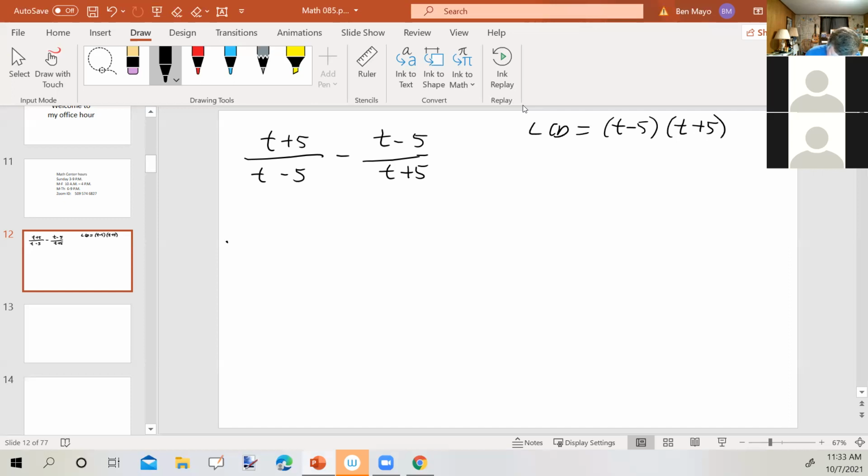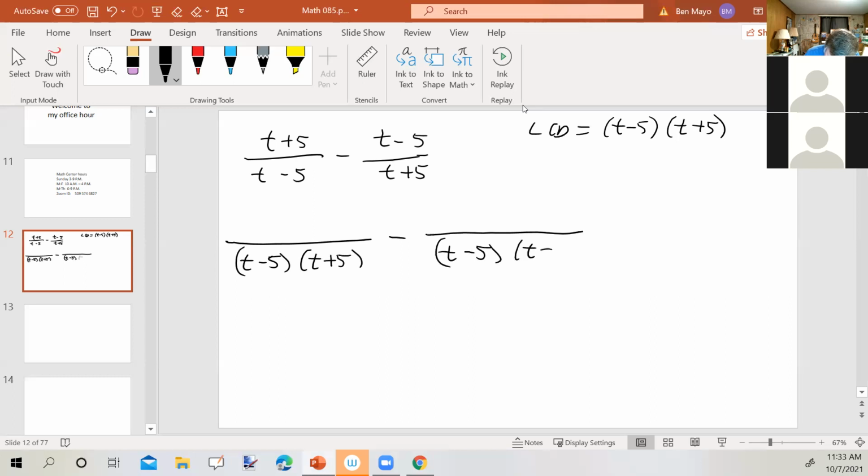All right. So this is what I need to have after I build things up. I'm going to multiply the first fraction by t plus 5 over t plus 5. So the denominator will be what it needs to be.